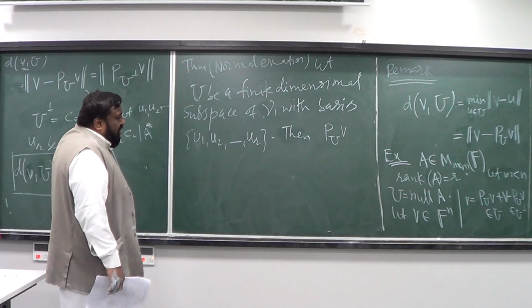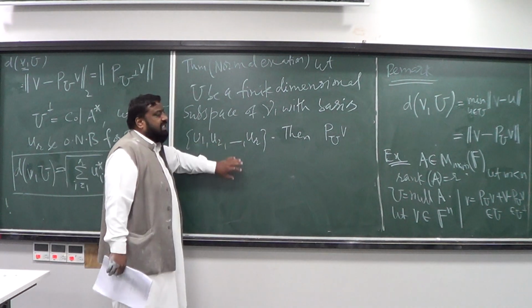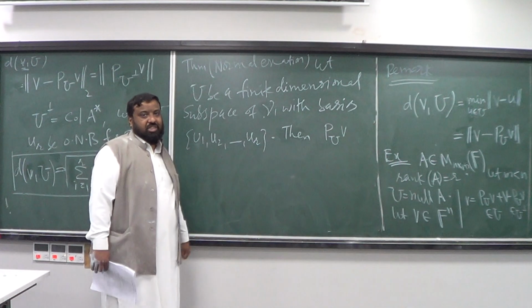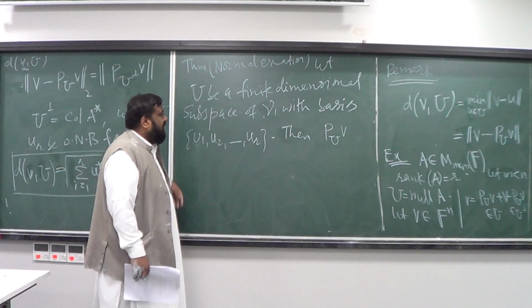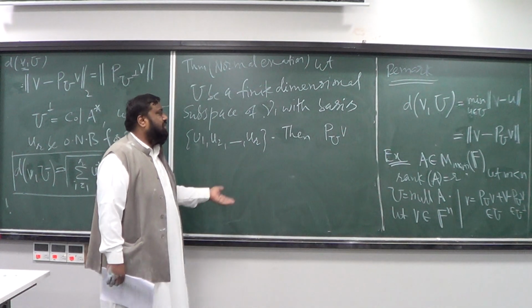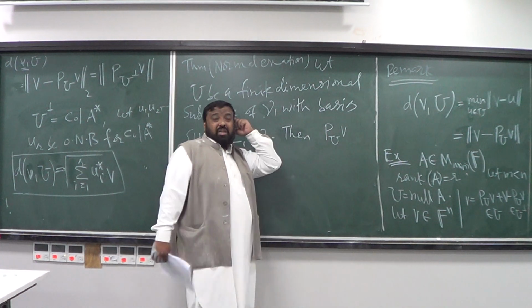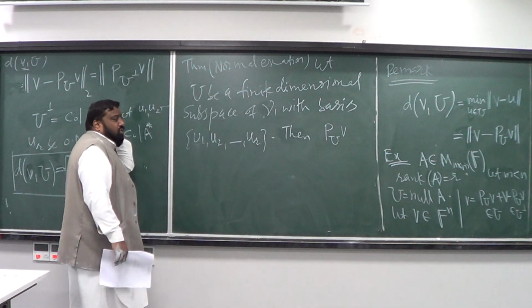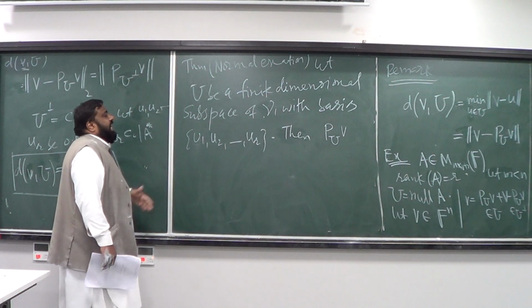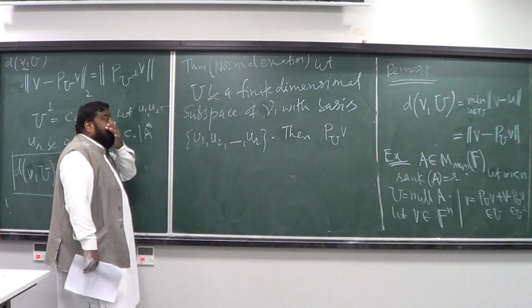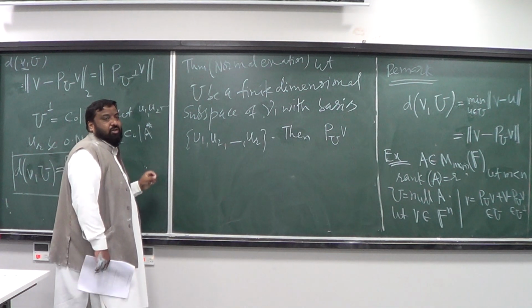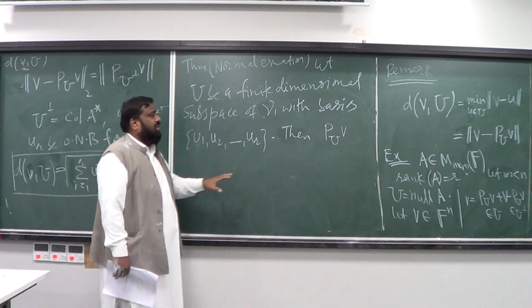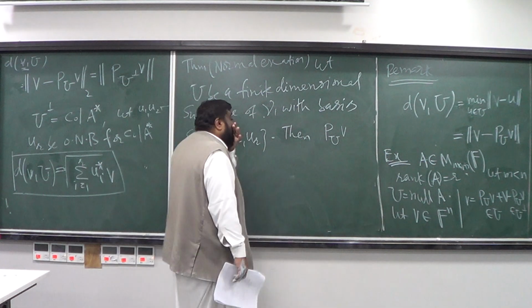As I said, one way could be to take this basis and turn it into an orthonormal basis, and then we know the formula for computing this. But if you don't want to do the Gram-Schmidt process, then there is a shortcut for finding the orthogonal projection.